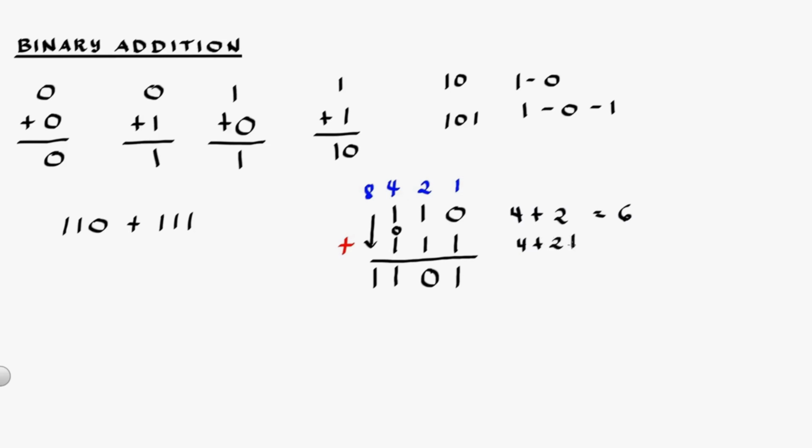So we have 8 plus 4 plus 1, which is equal to 13, and 6 plus 7 definitely equals 13. So our answer is correct for our second example.